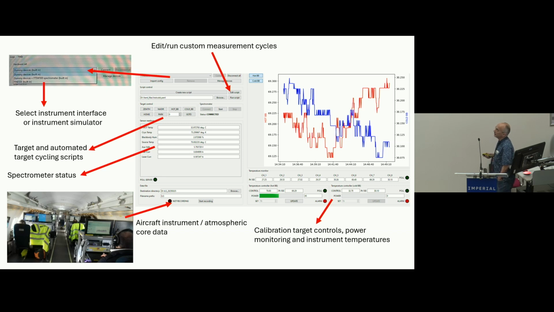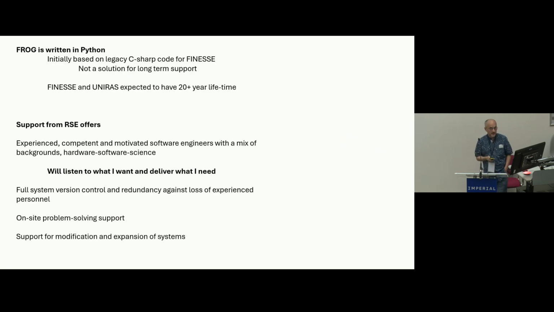They had their own local area network, so this system will be linking into that to provide real-time core data from the aircraft as well. And then this section here allows us to configure our calibration targets and gives us monitoring of the system states there as well.